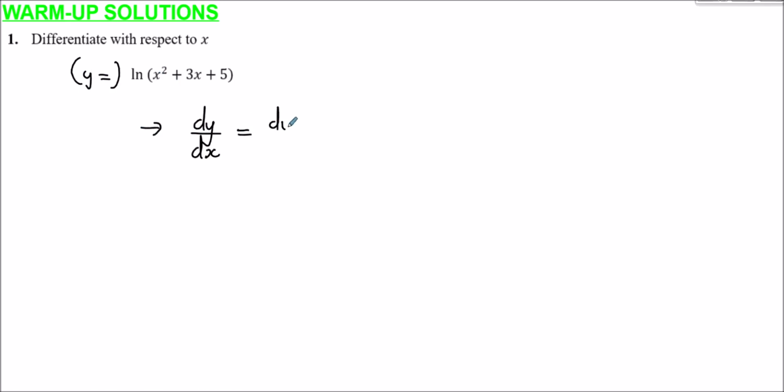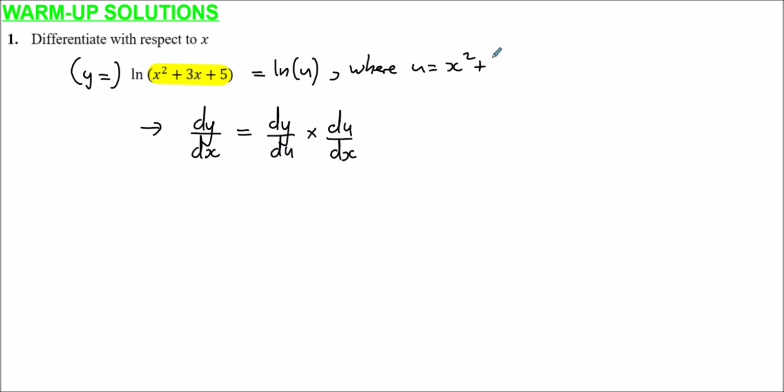We can say it's dy by du times du by dx. So we just need to define our u. I've done this back to front really. Technically define u first. So y equals ln u, where u is that quadratic, where u is x squared plus 3x plus 5.